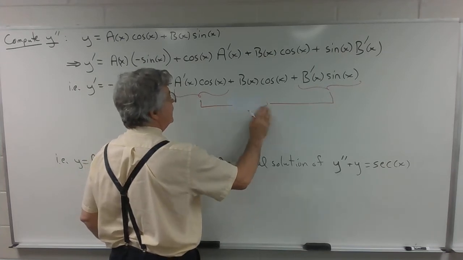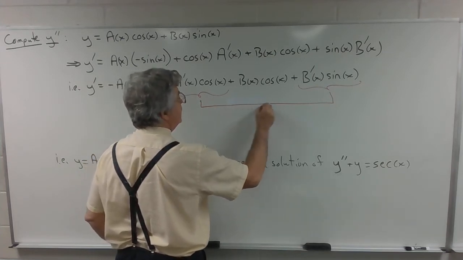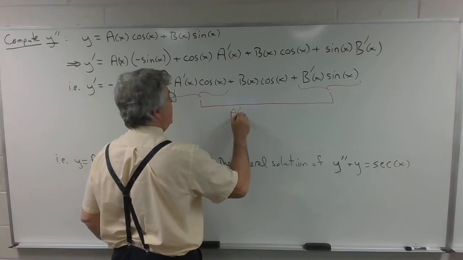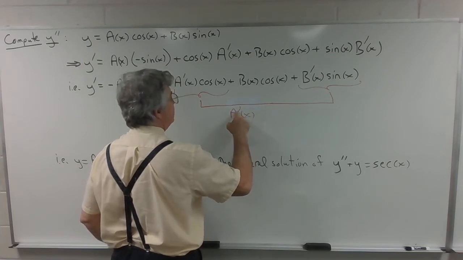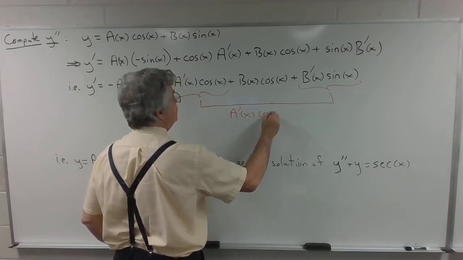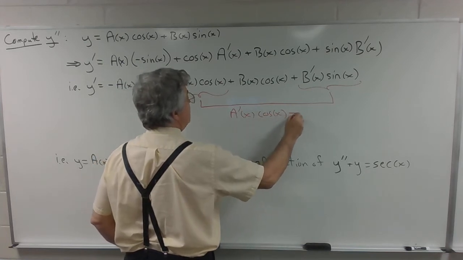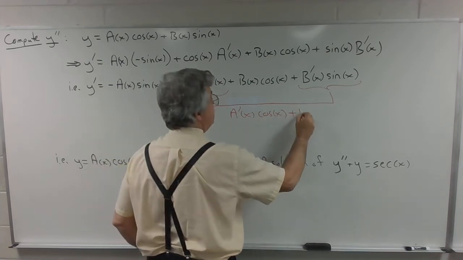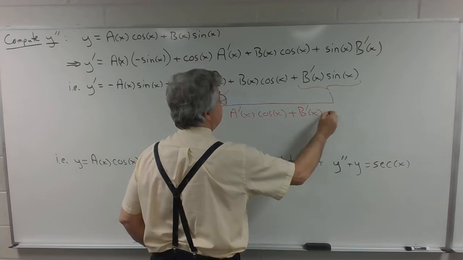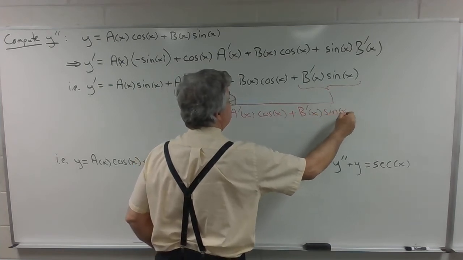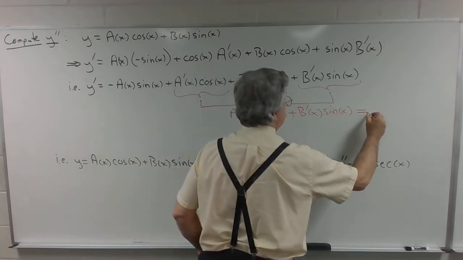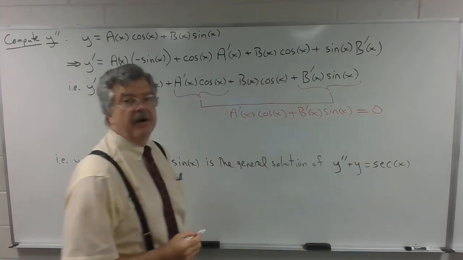That is, a prime of x cosine of x plus b prime of x sine of x equals 0.